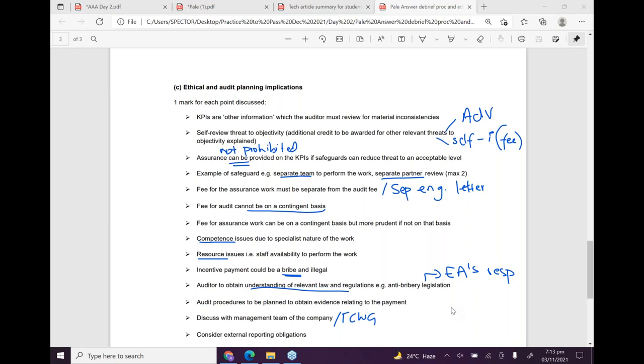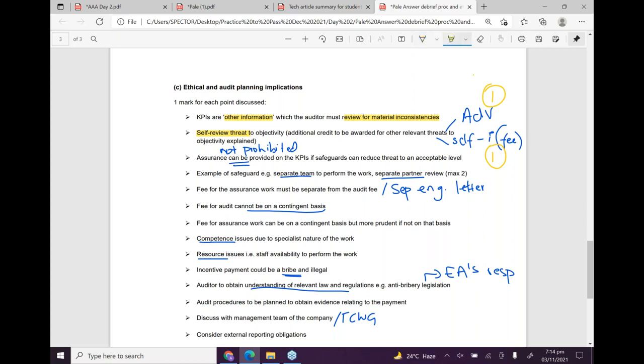So my first mark for saying auditor KPI is other information in the audit report which the auditor has to review for material inconsistencies. Because of this, there's a self-review threat. I will also give you marks if you talk about advocacy and self-interest related to fee as well.